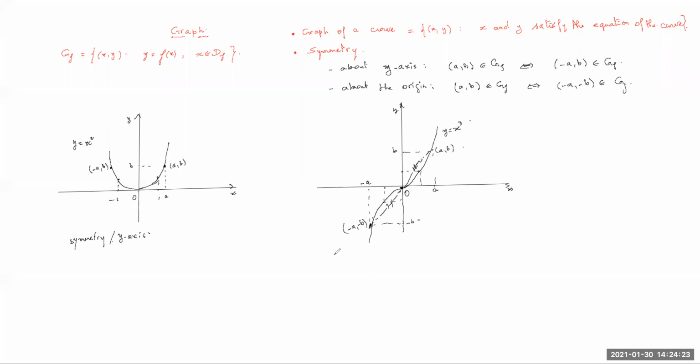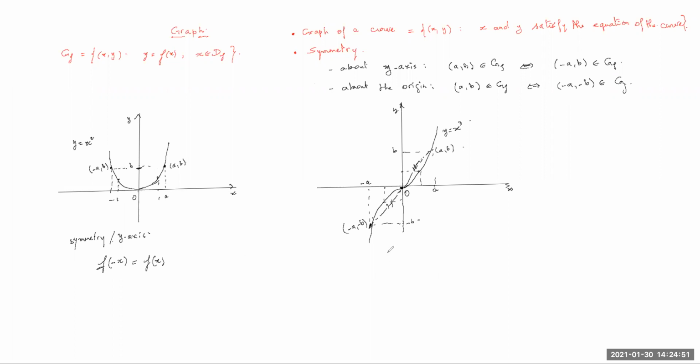Now, in case you have a function y equal f(x), you can check these two properties by checking that f(-x) is exactly the same as f(x). You see, the image here is the same, while here it is the opposite.